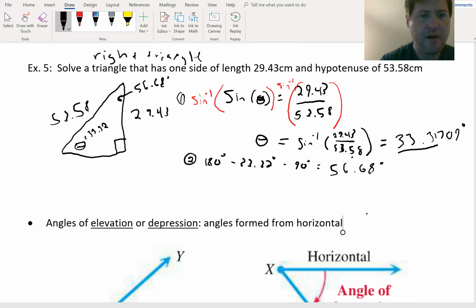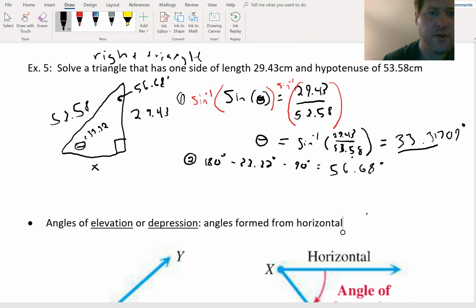And finally, we have our remaining side, the adjacent side here of that first angle we calculated. We still need to find that. And let's see. What am I going to call this side? I'm just going to call it x, since I haven't actually named any other variables.